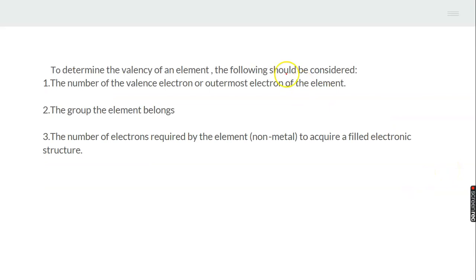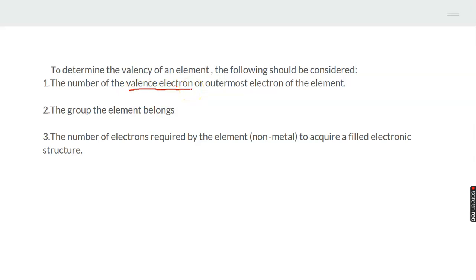So to determine the valency of an element, the following should be considered. Number one, the number of valence electrons or outermost electrons of the element. Many times, most of you normally confuse valency with valence electrons. They are two different things.